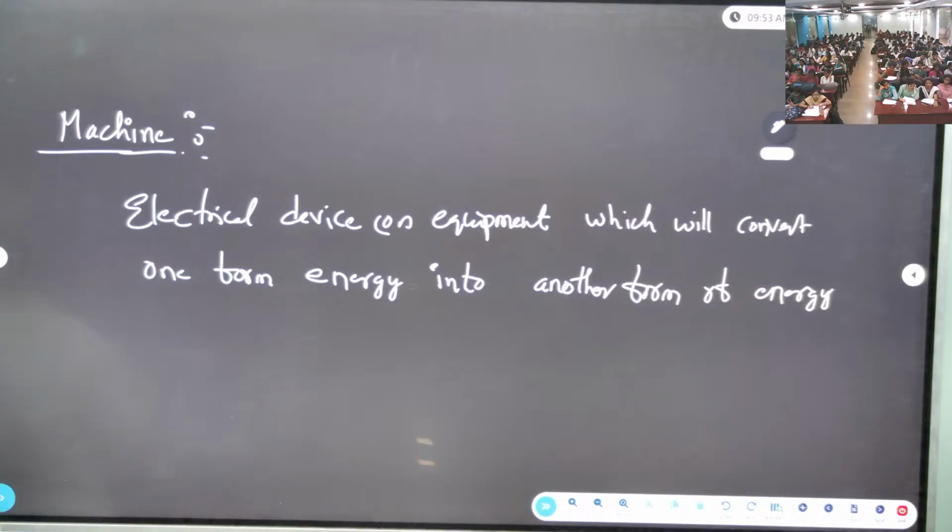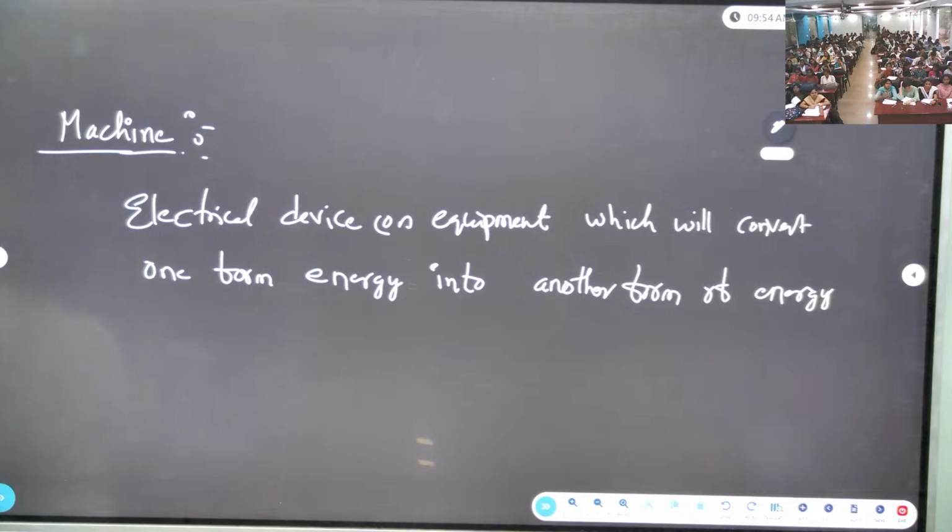Why? Because it is electrical equipment, so you can say it is a machine. A machine is nothing but an electrical device or equipment which will convert one form of energy into another form of energy.